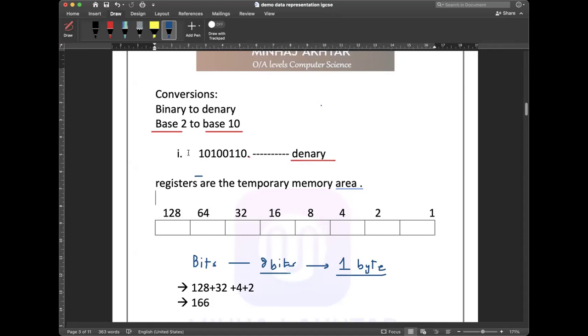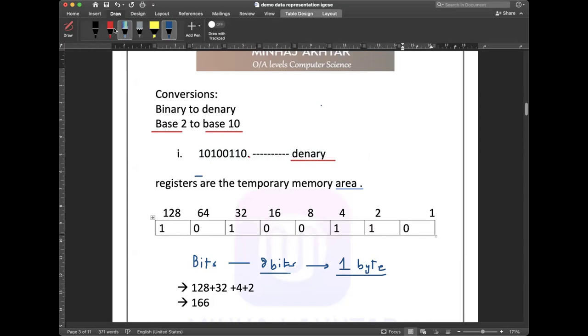So what is the question? Read the question, please. 1 0 1 0 0 1 1 0. So I'm going to put these numbers into my registers: 1, 0, 1, 0, 0, 1, 1, 0. Look, it's easy.